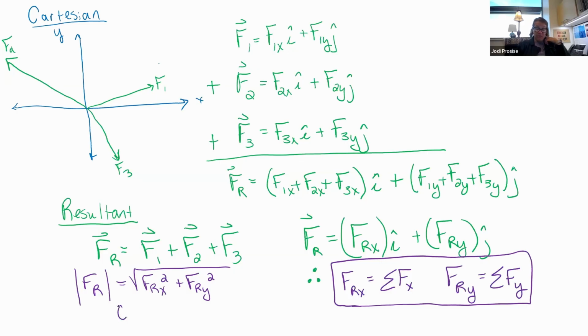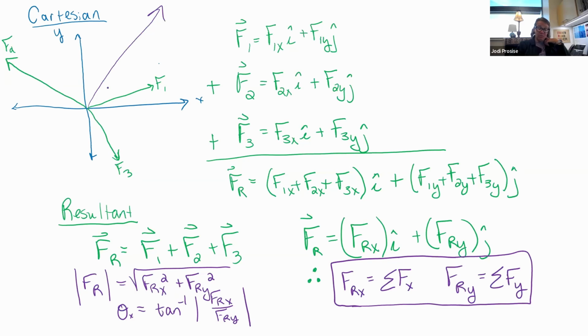And then the angle of FR with respect to the x-axis is going to be the arctangent of FRy over FRx. And this would be using our SOHCAHTOA. So we're going to end up with a resultant vector. It's probably something like this.